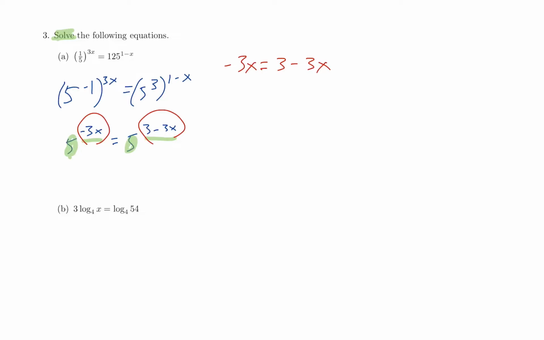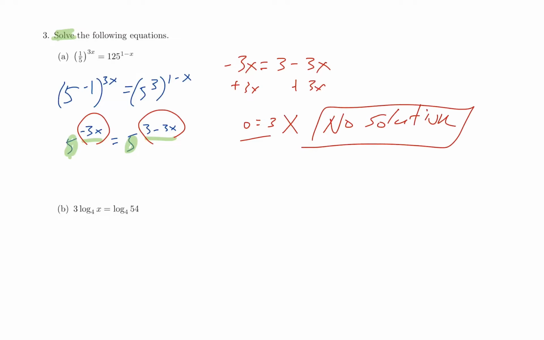Actually, you'll see that we add 3x to both sides. Then we get 0 equals 3, which is not true. So this one happened to have no solution. And that's okay, some equations don't have a solution.